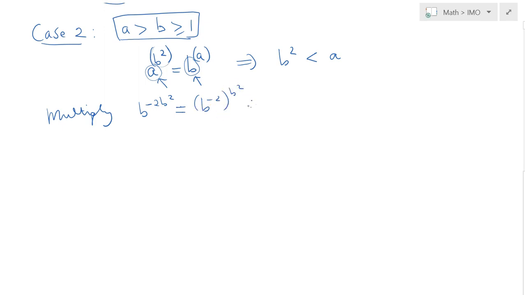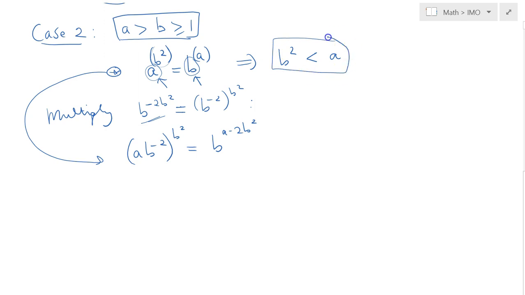So this expression becomes a b to the power minus 2b squared, right? And then for the right hand side, multiplying with this, we have b to the power a minus 2b squared.